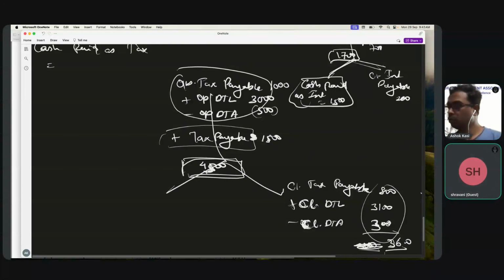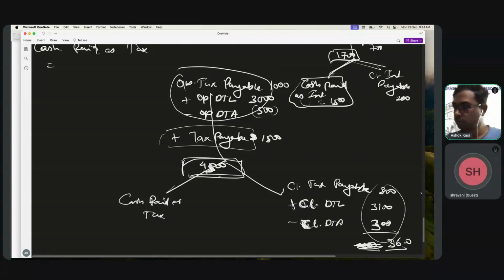So now 4500 minus 3600 will be cash paid as tax, 900.